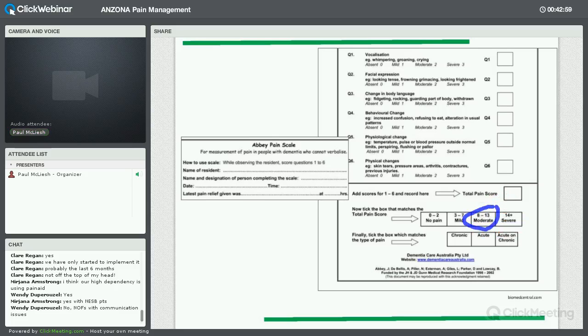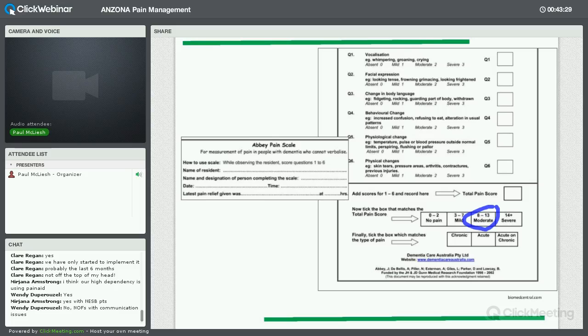Now, one of the shortcomings, I guess, of this scale is that it doesn't differentiate between pain and agitation. So if someone is agitated and they're not so much in pain, you will get the same sorts of scores at the end, which can be problematic. I guess one of the things we talked about was if you're administering analgesia and you come back and do the reassessment, ideally the same person, because it's a little bit subjective.